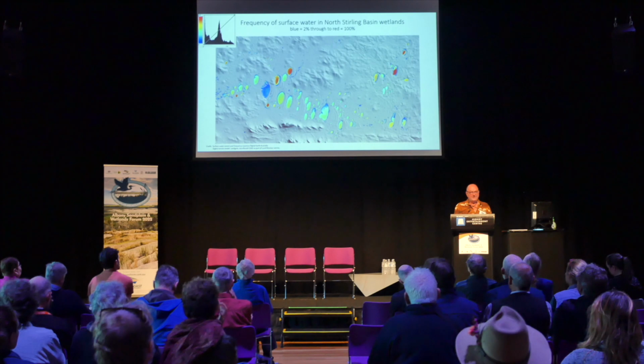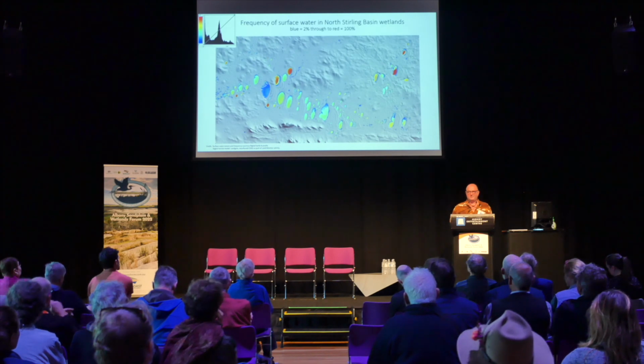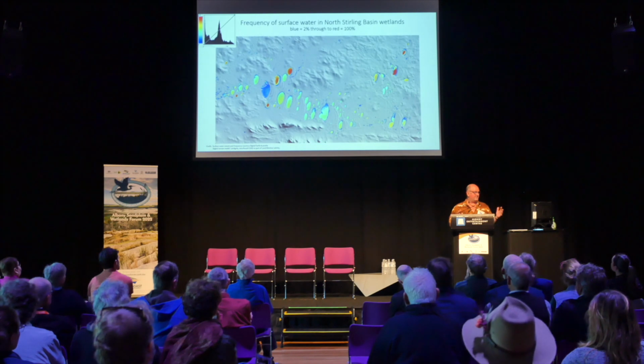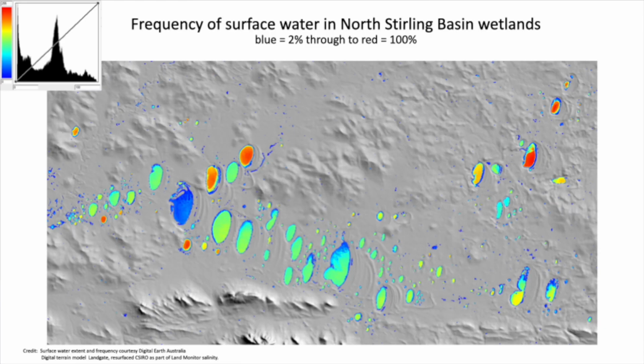From the wetlands, we also took the Digital Earth Australia surface water mapping that they do from Landsat imagery, and they've done that going back about 3 decades. And here we've coloured up the surface water by the frequency of the detection of surface water from satellite. So the red colours, there's a scale up in the top left there.